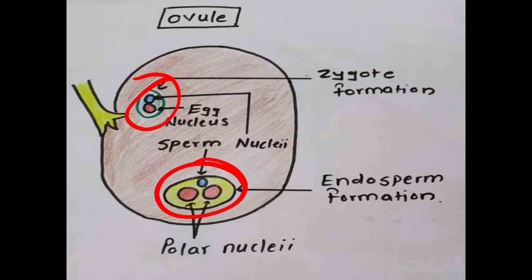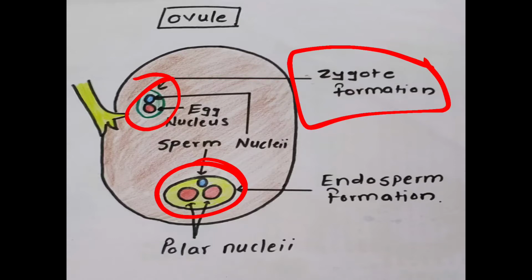This egg nucleus along with the male gamete forms a zygote. Now this zygote will possess the ability to give birth to a new plant. This zygote will have the ability to convert into a new plant.